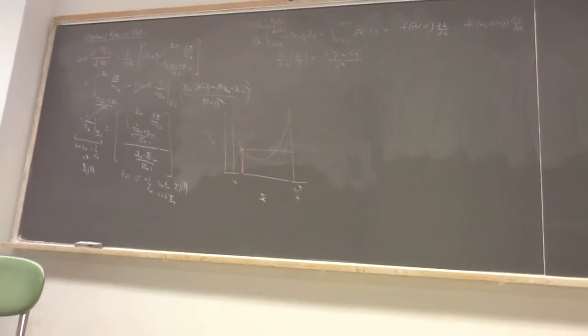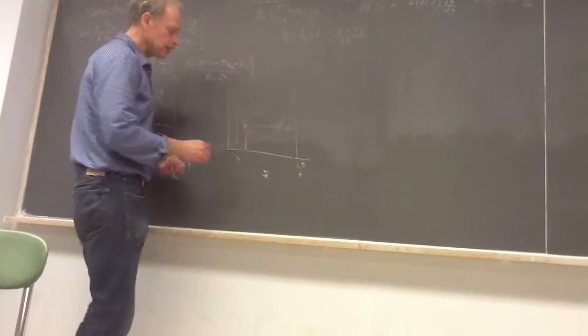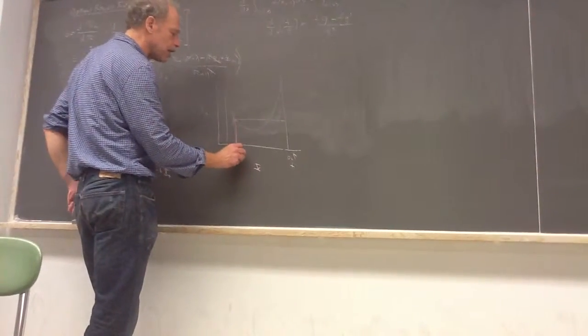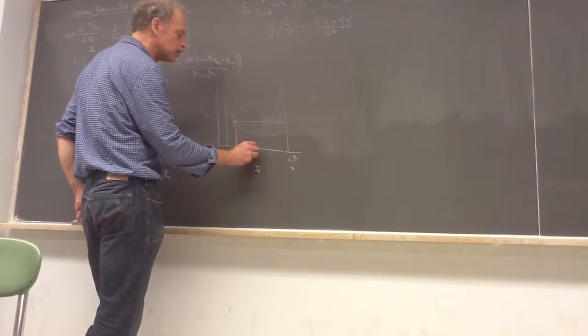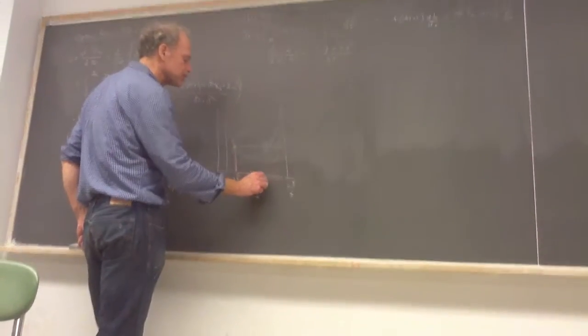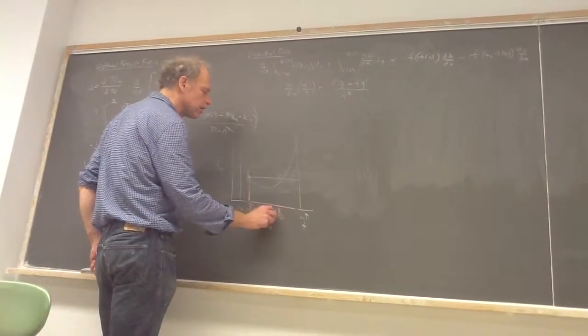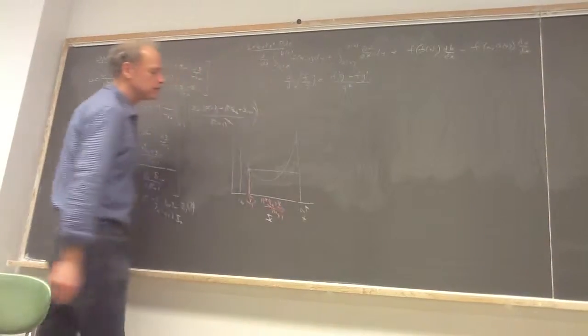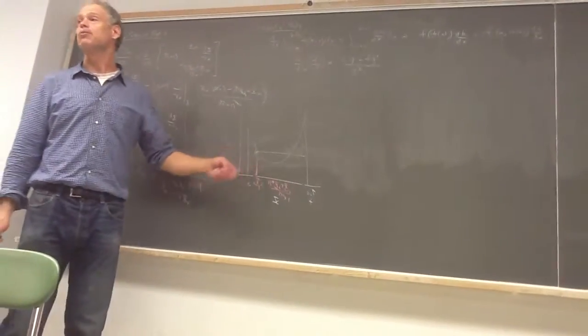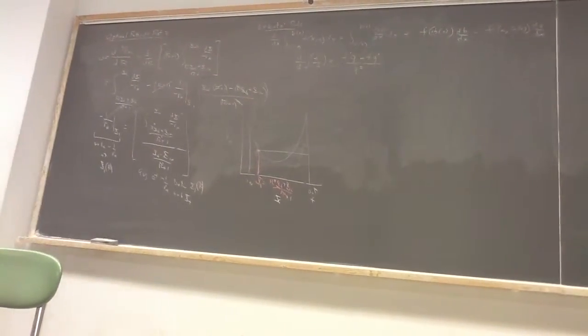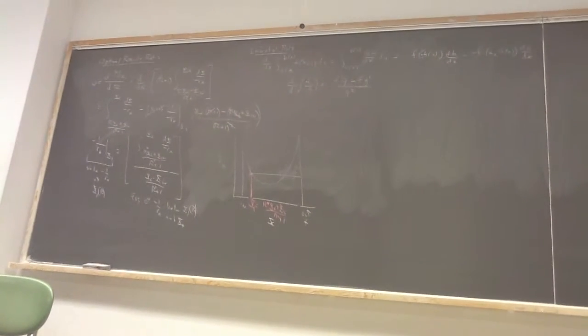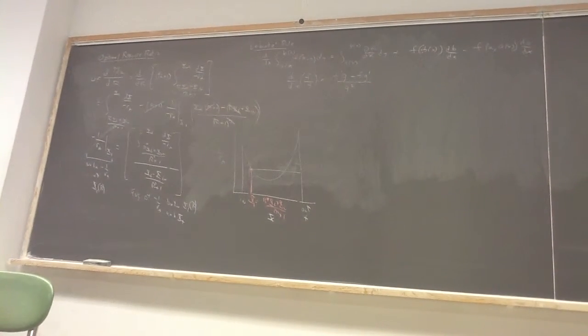The optimal recycle ratio is here, where x1 is equal to r star xf plus xi in divided by r star plus 1. And that gives me the optimal recycle ratio. So that's the graphical way of doing the optimization. Are there any questions on that?